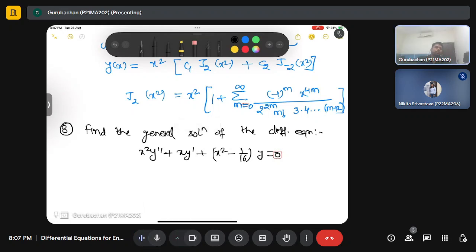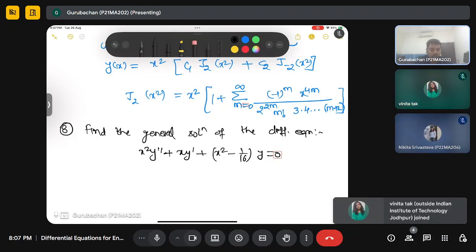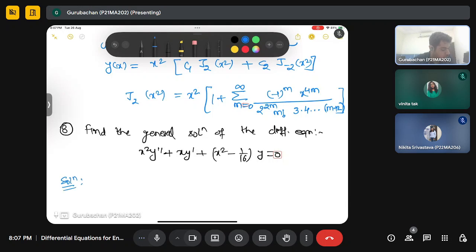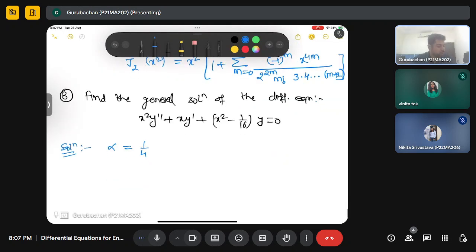Since it is a classical Bessel differential equation with alpha equal to 1 by 4, here from the classical differential equation alpha is nothing but 1 by 4.